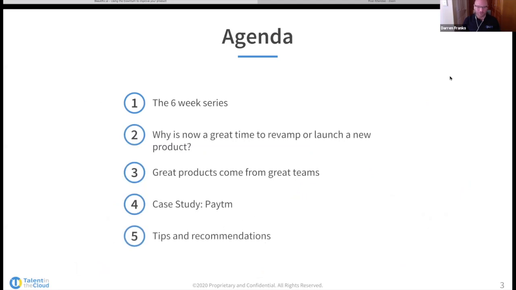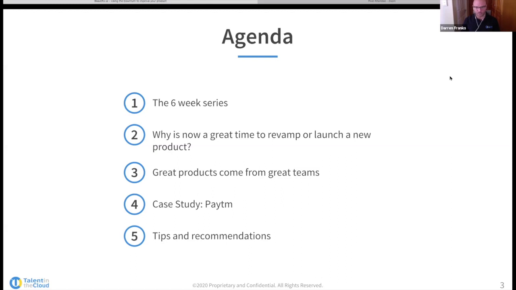So running through the agenda, I'll talk you through very quickly the 6-week series, which we started last week. We're going to talk about why now is a great time to revamp or launch a new product, and again, this is specific to fintech and payments. We are going to spend some time talking about great teams, how great products come from great teams. That's something very close to my heart, and Piotr's got some really good examples of that. And a very interesting case study of Paytm.